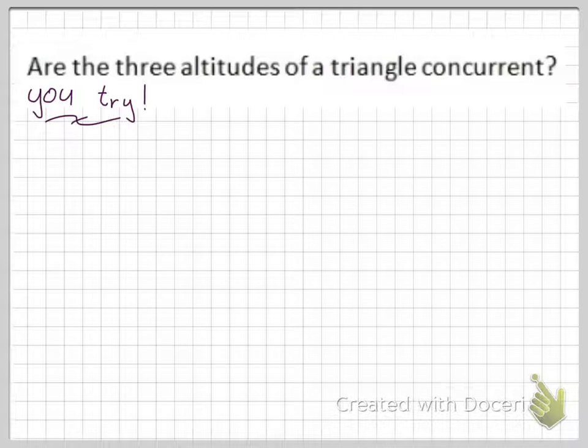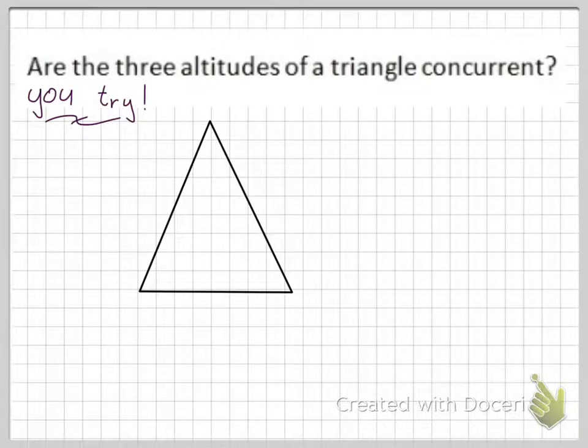For the sake of this presentation, I'll just continue myself. I have a triangle. Again, you can pause it and just do this on your own. But here I have a triangle, and here's one altitude, right? It starts from the vertex and is perpendicular to the opposite side. I think you know what's coming next.